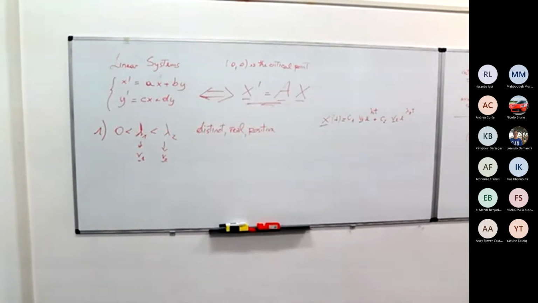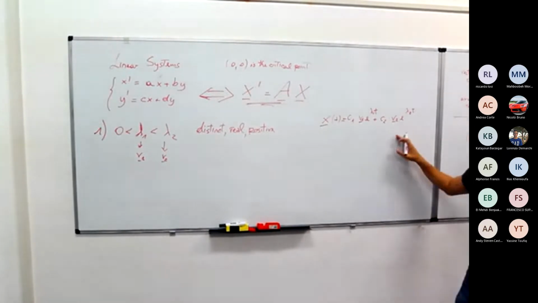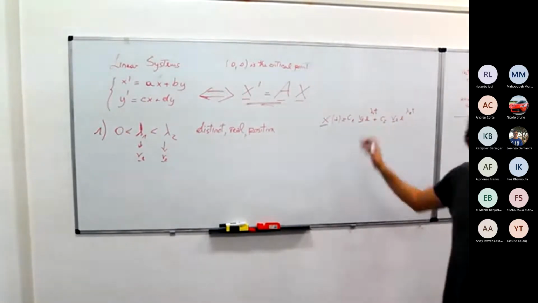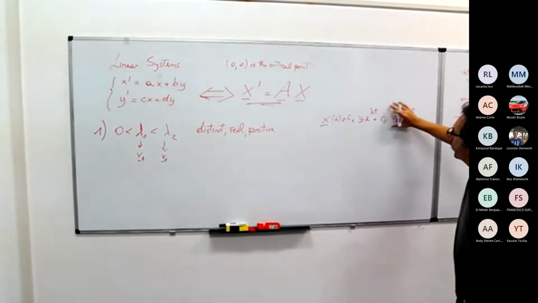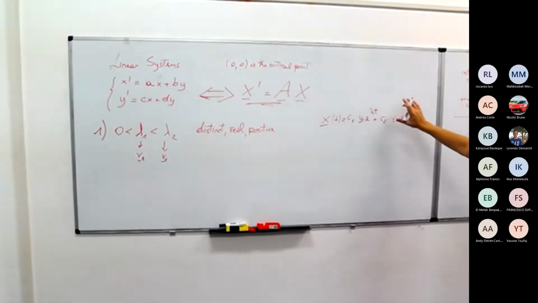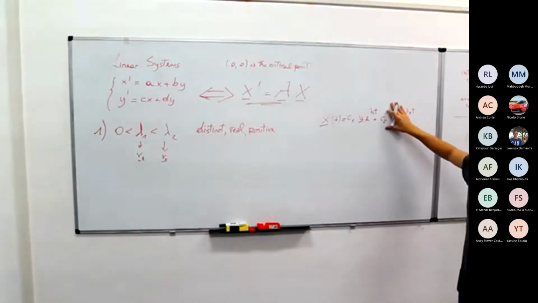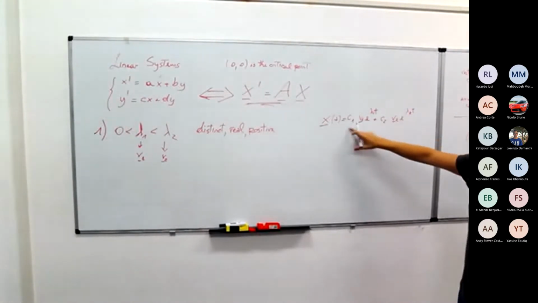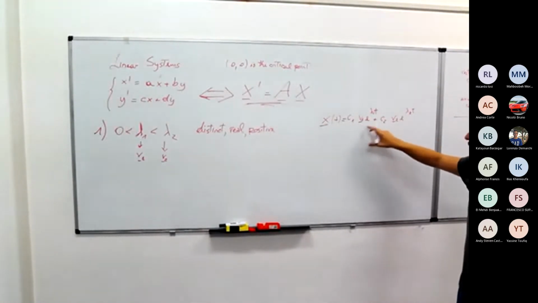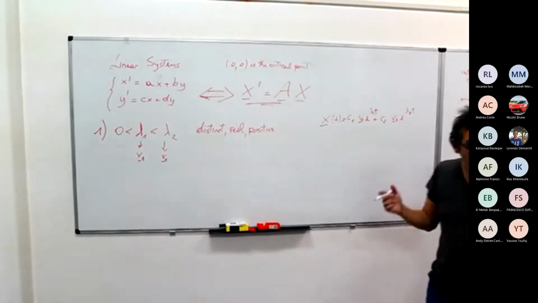In order to do this, we were trying to analyze the general solution by killing terms. So let's consider at the beginning what happens if I kill this term here. If I consider C2 equal to 0, I have just this term here, C1 V1 exponential of lambda 1 t.